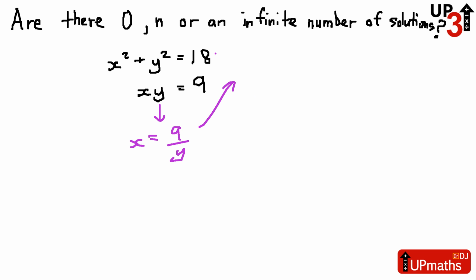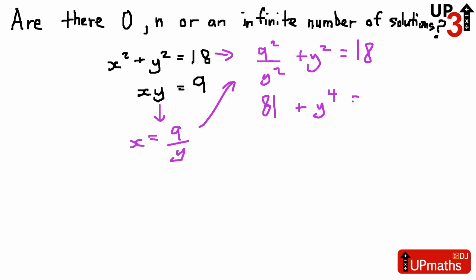Which I then sub in, so I get 9 squared over y squared plus y squared equals 18, which means that 81 plus y to the 4 equals 18y squared. So we've got y to the 4 minus 18y squared plus 81 equals 0.